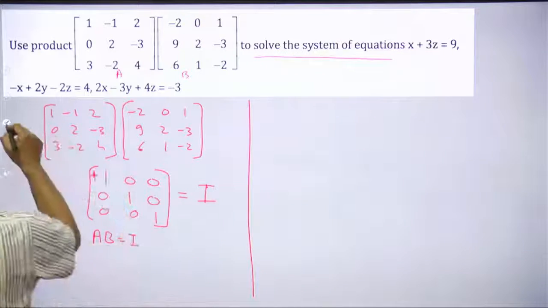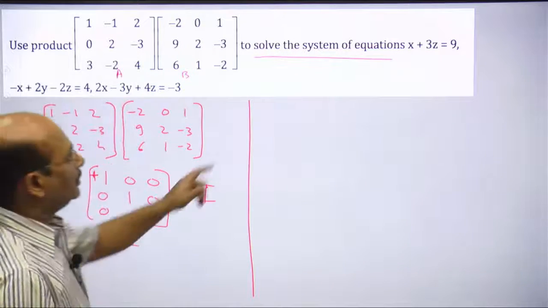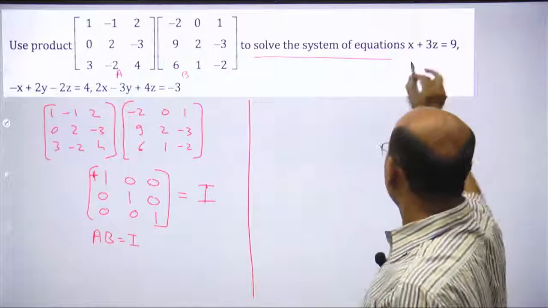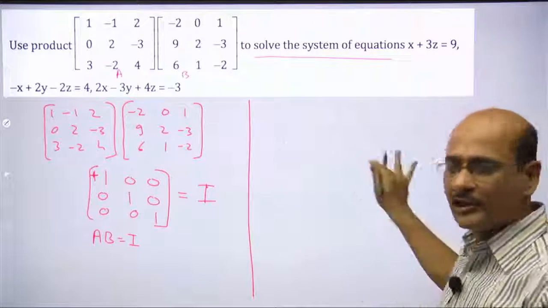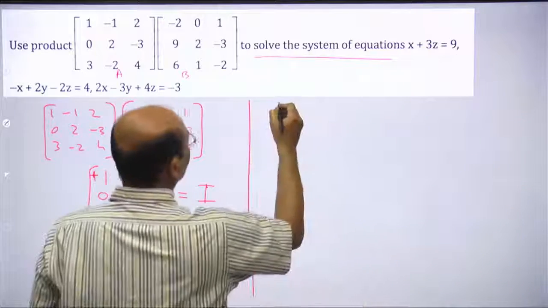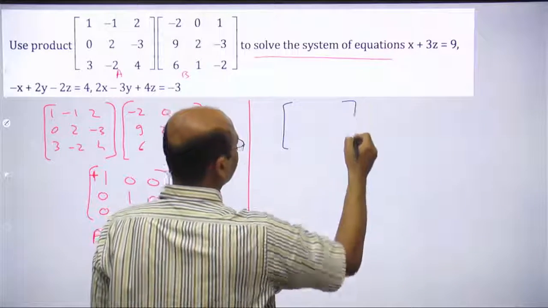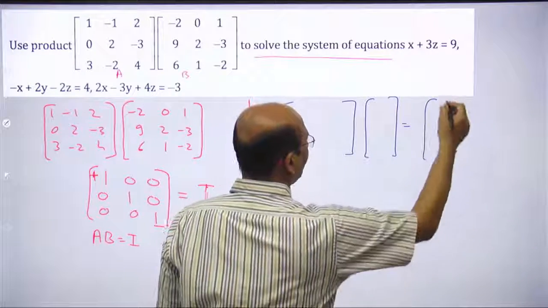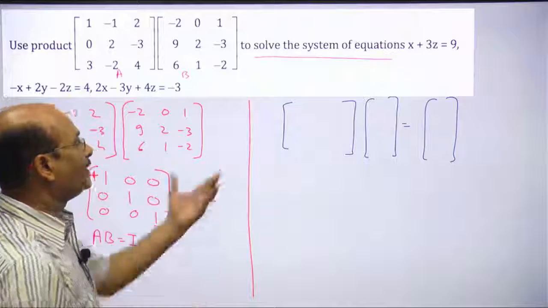So how do I do that? Pay attention. I just now told you that whenever any equation is given to you, you need to write the system of equations in matrix form. So let me write that out. Ax is equal to B. But don't put the values there, write the coefficient matrix.